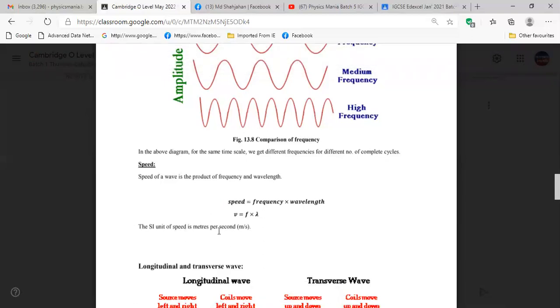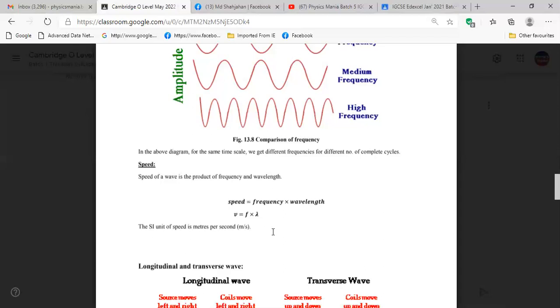The SI unit of speed is meters per second. Okay, are you done? Speed.